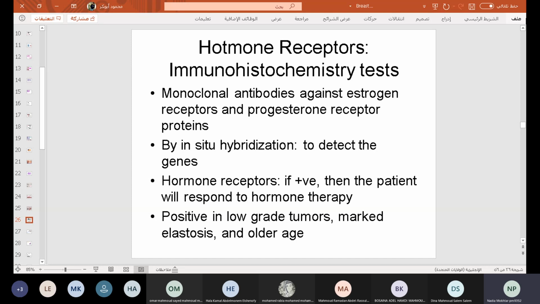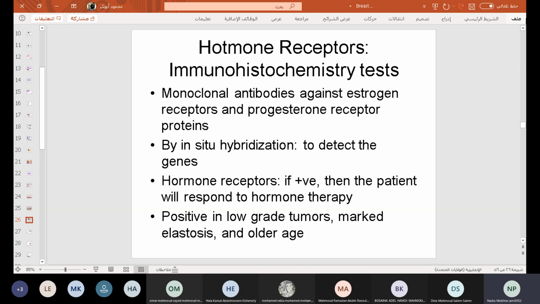If we give an antibody and it unites with the estrogen to form a visual color, then we know that the estrogen is there. But if we give the antibody and it does not find any estrogen, and so no antigen-antibody reaction occurs, no coloring agent will be formed, then we know that this tumor is not estrogen sensitive.